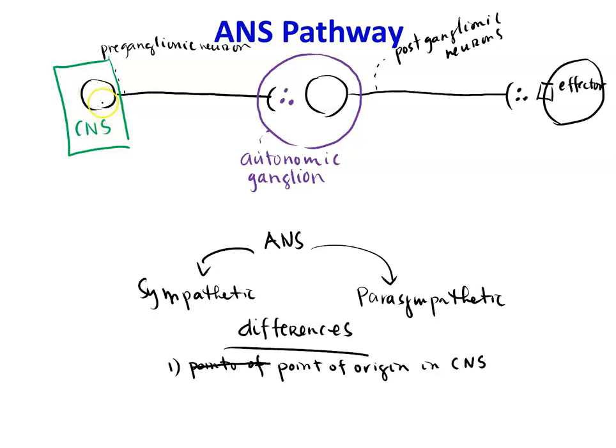And then location of ganglia. So where the ganglia are for the sympathetic nervous system is different from the parasympathetic nervous system. Where the sympathetic neurons come off of the CNS is different than the parasympathetic nervous system.